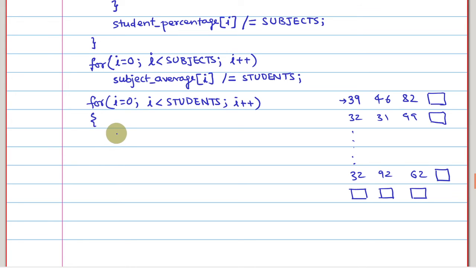And here let us print marks of each subject using counter j. j is less than the number of subjects at hand, right?